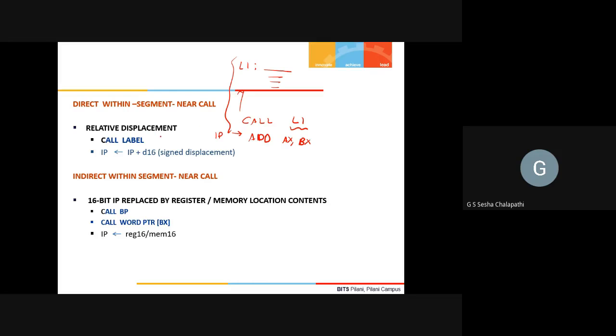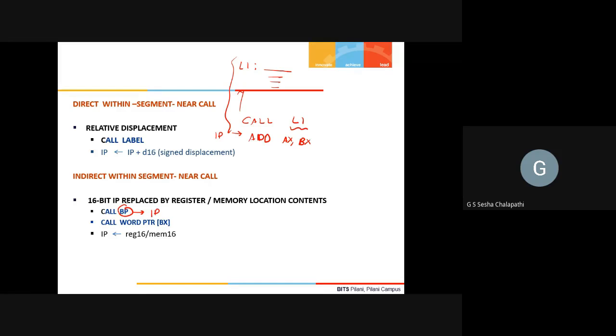Why is it called direct? Because the displacement is specified within the instruction itself. On the other hand, I can have the indirect within the segment near call. What do you mean by that? Suppose I have call BP. Now the BP register will specify the new IP value.